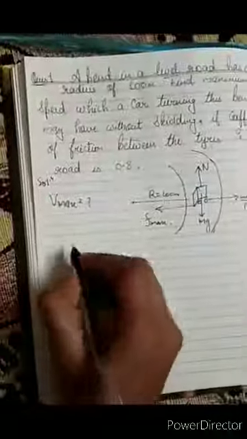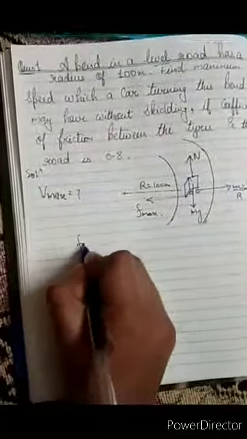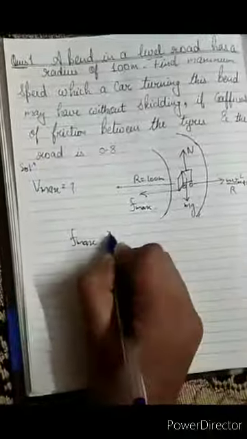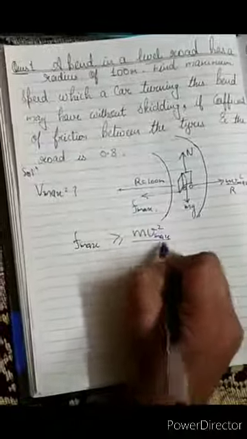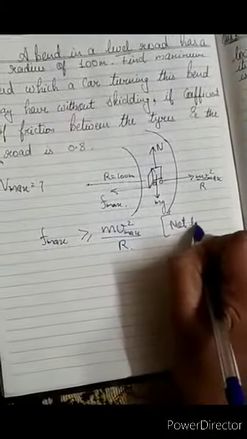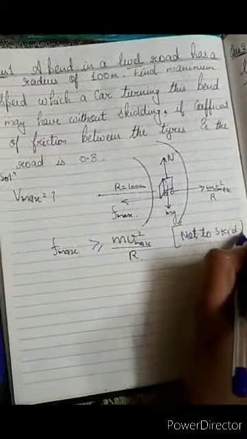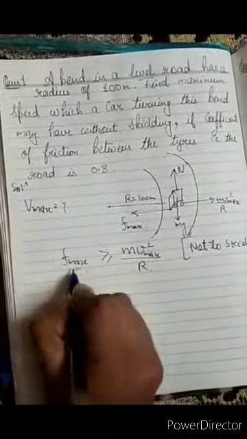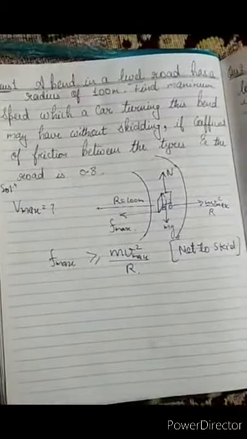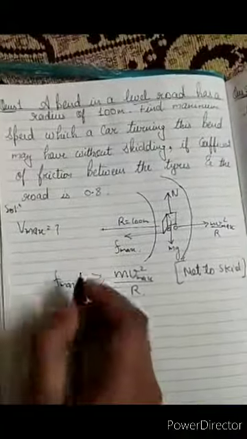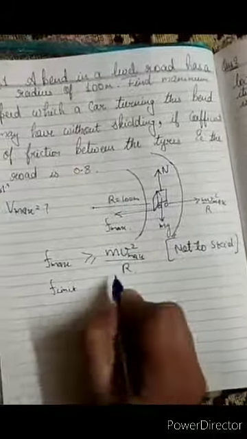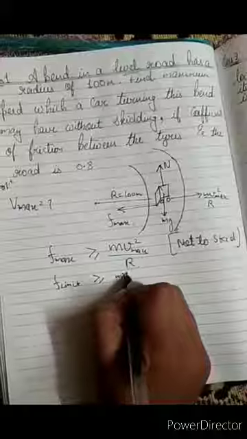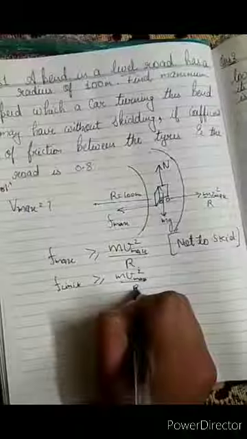So let's try to find it out. We know that for the car not to skid, F maximum should be greater than or equal to m v max square upon r. F max means F limiting, which is greater than or equal to m v max square by r.